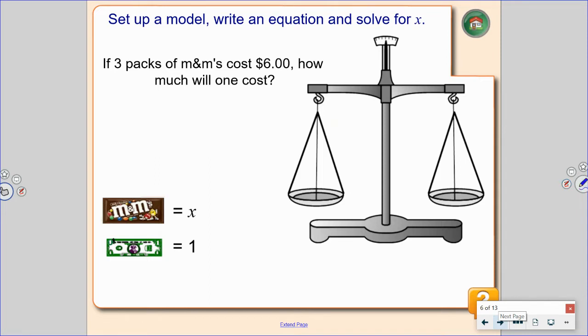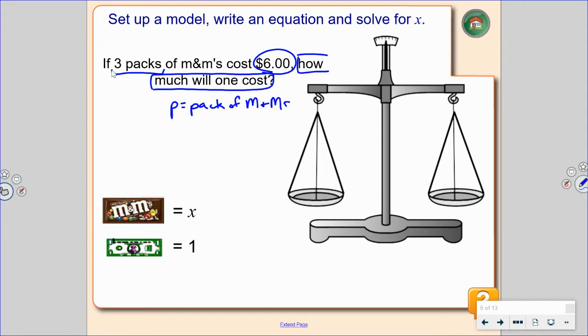Let's do a different one. And let's write an equation, model the equation, and solve the equation. We have 3 packs of M&Ms, $6. Question is, how much will each one cost? So let's go ahead and say P is a pack of M&Ms. Now, I'm going to go ahead and model that first.